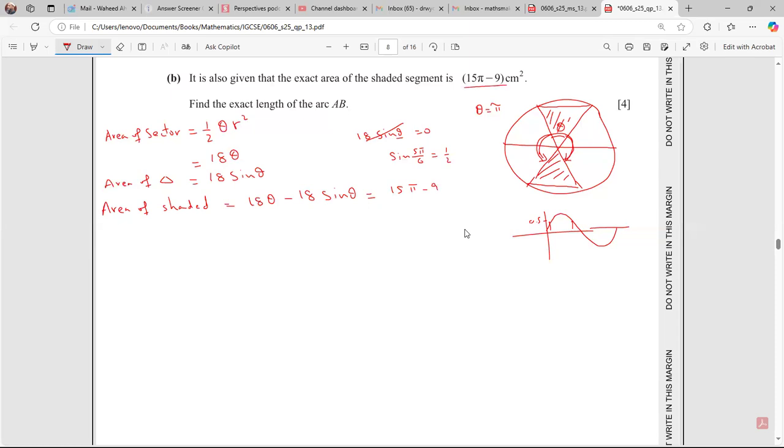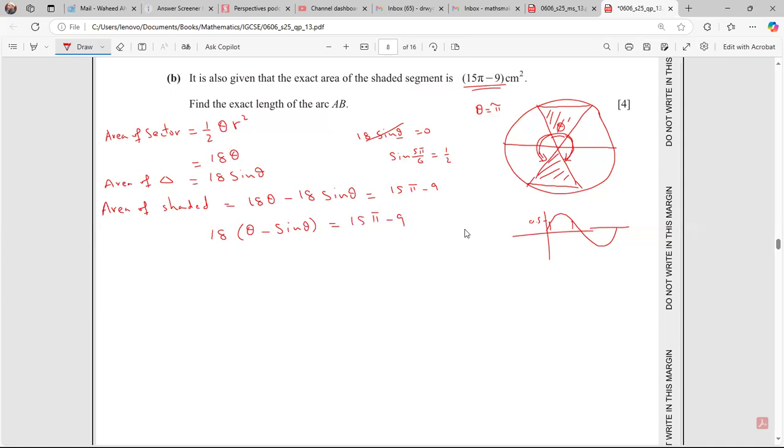Remember, it is given over here. If I take 18 common outside, it is theta minus sine theta, equal to 15 pi minus 9.